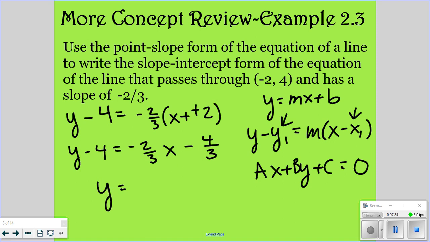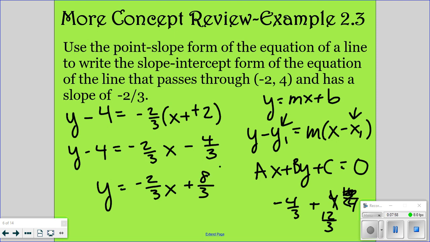So y equals negative 2/3 x minus 4/3 plus 4. 4 is the same thing as 12 over 3. And so negative 4 plus 12 is 8 over 3. And so that is putting it into slope-intercept form.